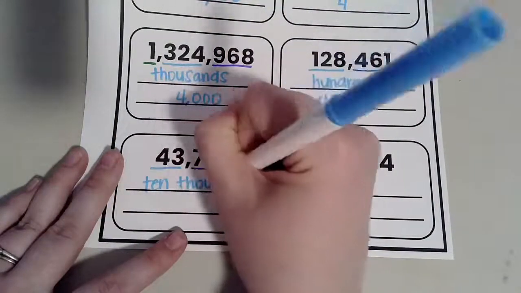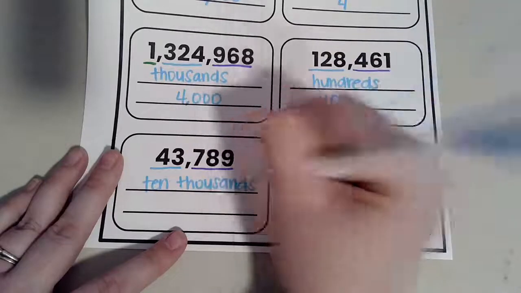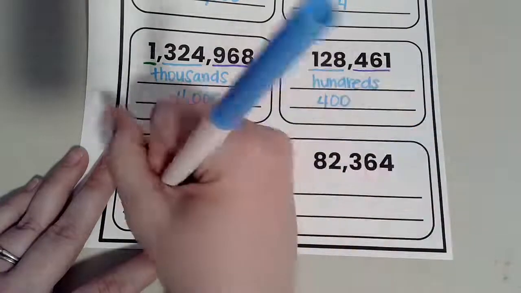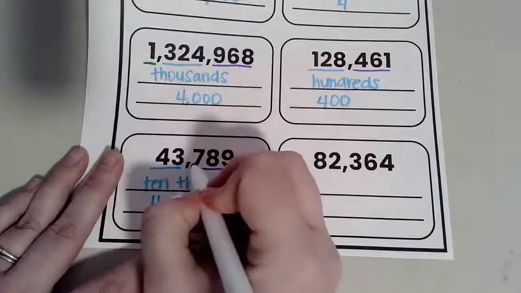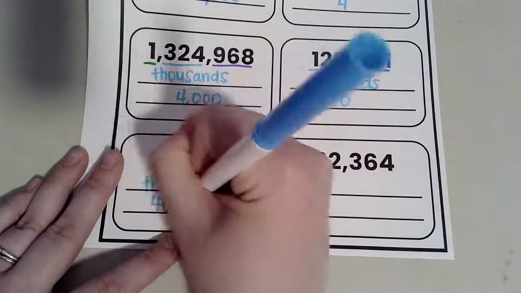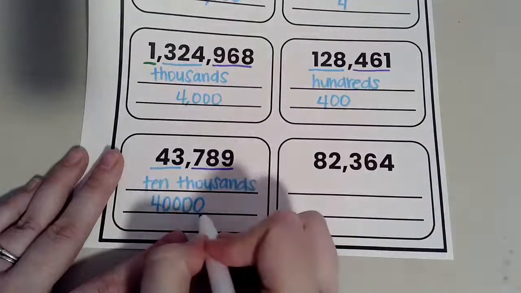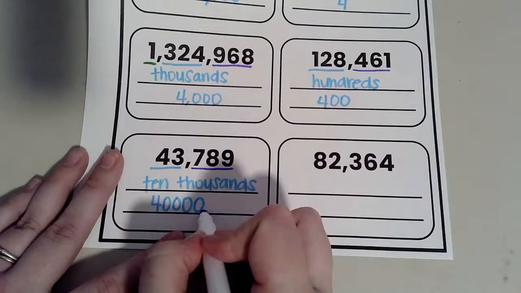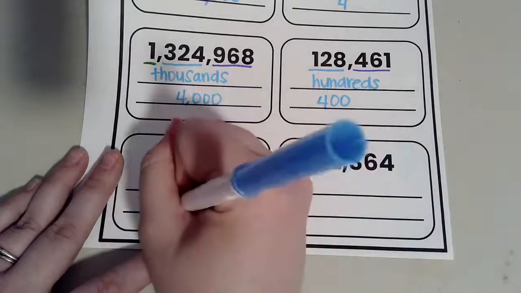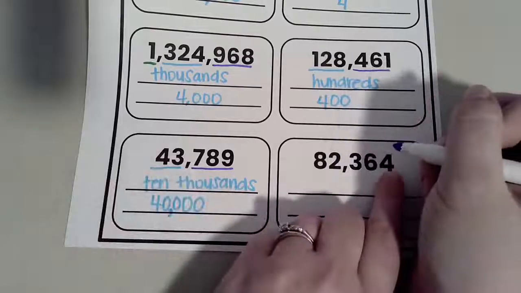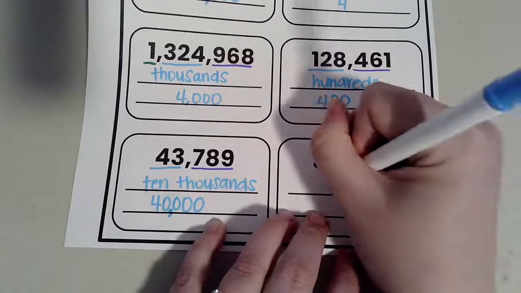Let's write that 4. We have 1, 2, 3, 4 digits where we can put zeros. And then we're going to count back for the period to put our comma. 1, 2, 3. Okay. Last one. Where's our 4? It's in the ones place. And its value is 4.